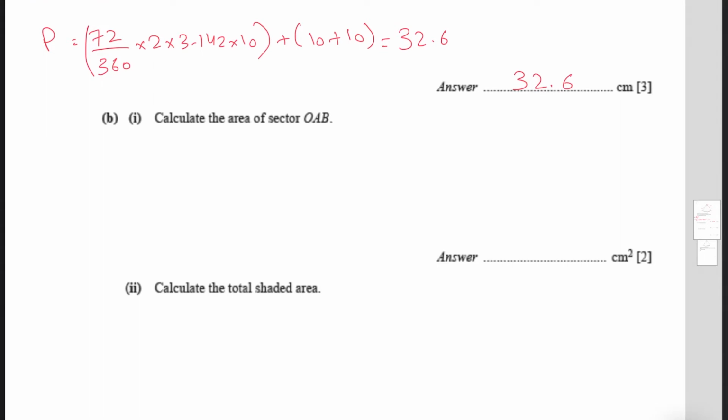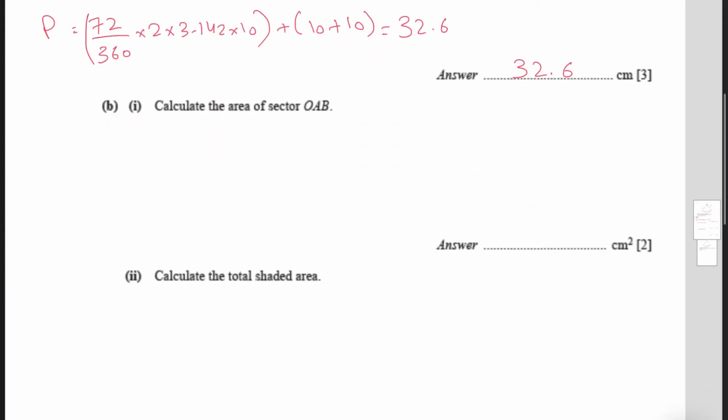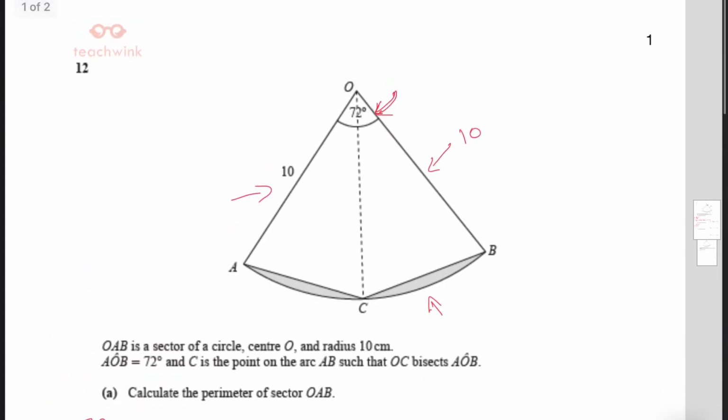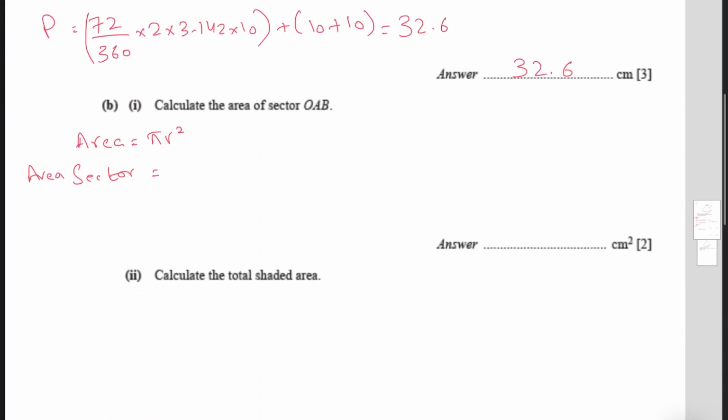The next part says calculate the area of the sector OAB. The area of a circle can be found by this formula, pi r square. However, since this sector is just 72 degrees once again out of the entire 360 degrees, you do 72 over 360 times pi r square.